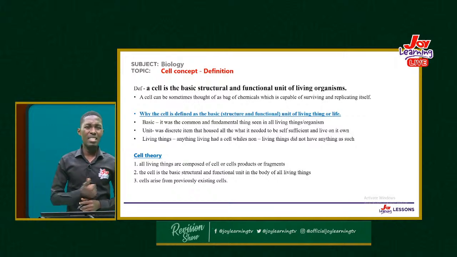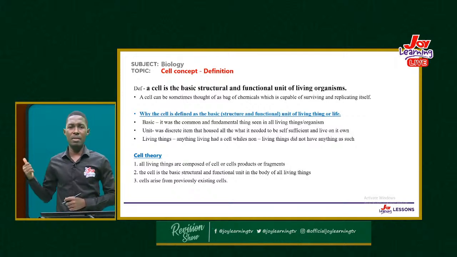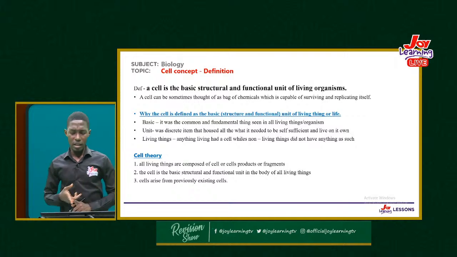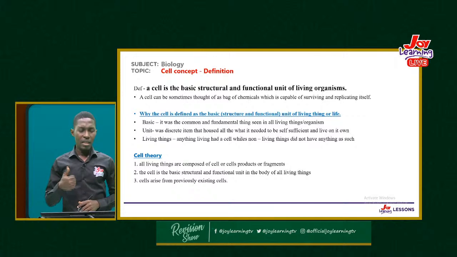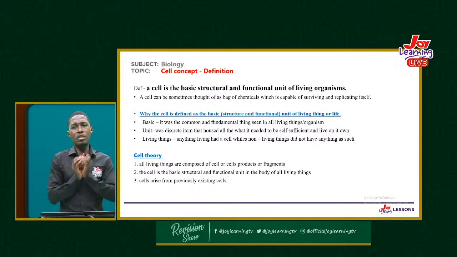Basic because it is common and the most fundamental thing seen in all living things. Every living thing, from bacteria to mold to anything that we call a living thing, has that. Then we use the word unit. A unit means it can exist on its own.